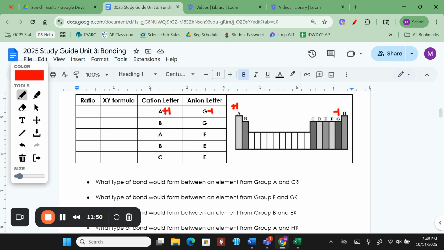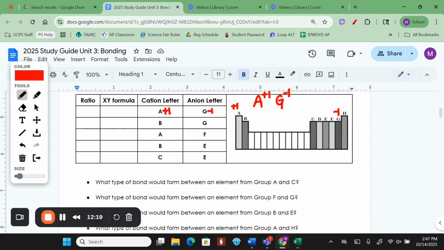Once you know what the ionic charge is, the plus and minus number, you're going to pair them up with each other. Once you have them beside each other, you're going to check your total positives and total negatives. If they are the same number, cross them out, you're done, answer the question.